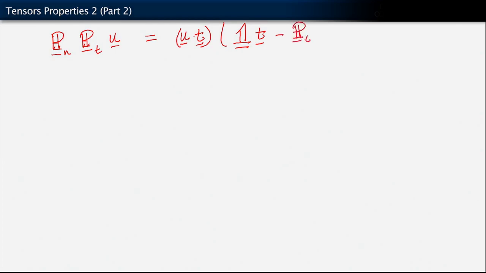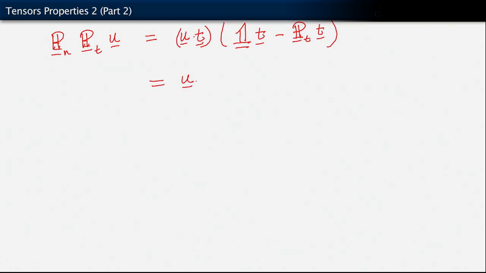If I continue here, remember this is the calculation I'm trying to do. This is U dotted with T multiplying identity times T minus P sub T acting on T.